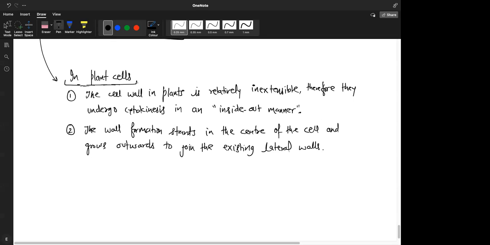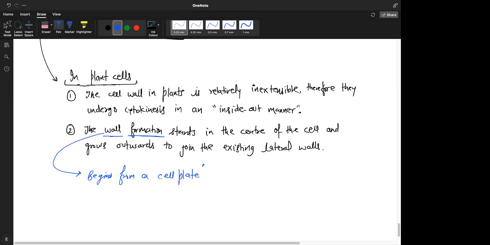And this wall formation begins from a cell plate.